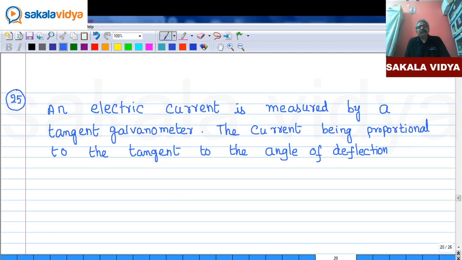Because in the galvanometer, the meter reading actually moves.